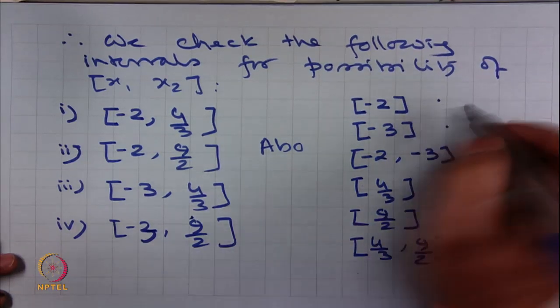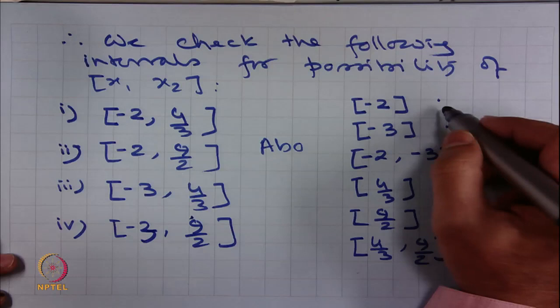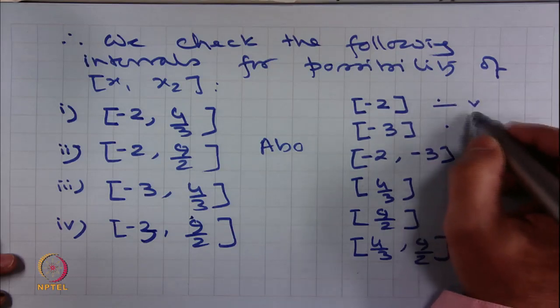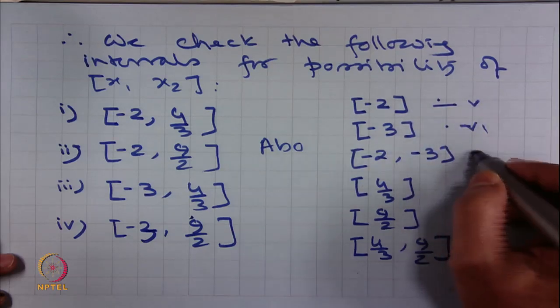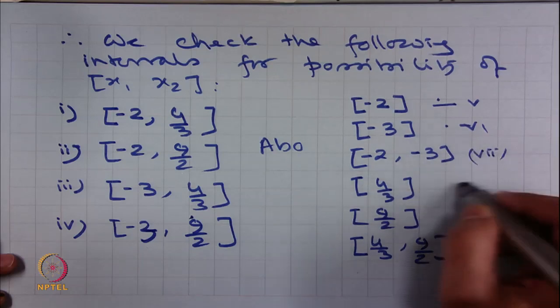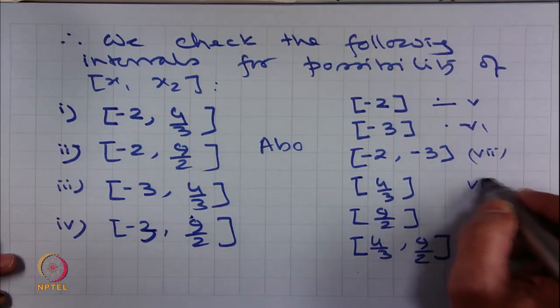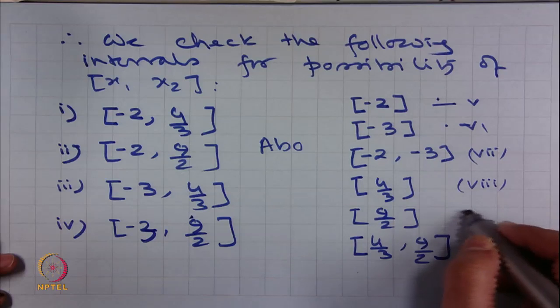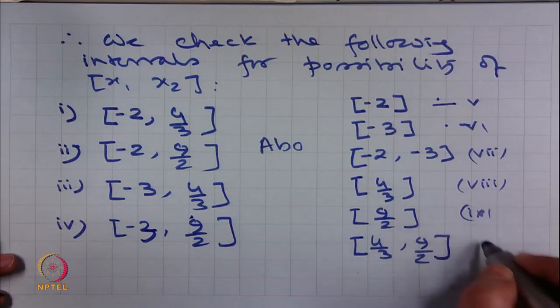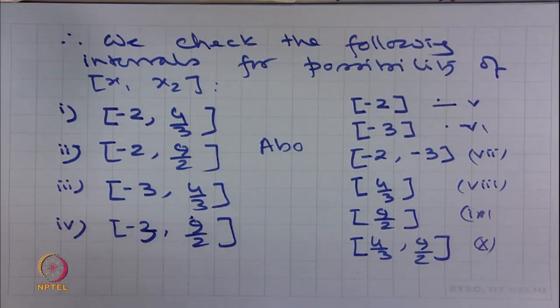So, these are the 6 possibilities. Let me number them 5, 6, 7, 8, 9 and 10. So, if the solution exists, any one of them should give us the answer.